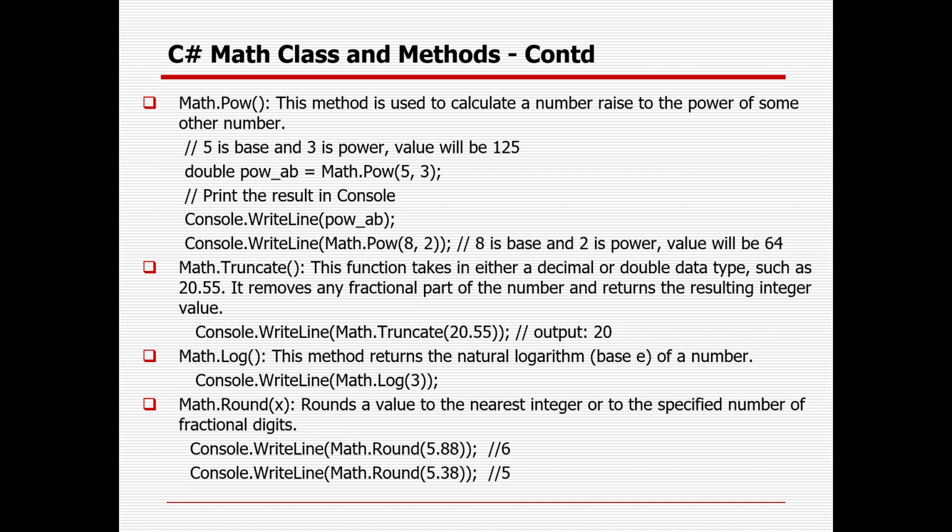But in case you want a rounded figure, say you have 3.51 and you round it, it will give you 4. But if it is 3.49, it will give you 3. Unless it is greater than 0.50, it stays at the lower number, and if it is greater than 0.50, it goes to the next integer value. That way you can use Math.Round. It rounds a value to the nearest integer or to the specified number of fractional digits.